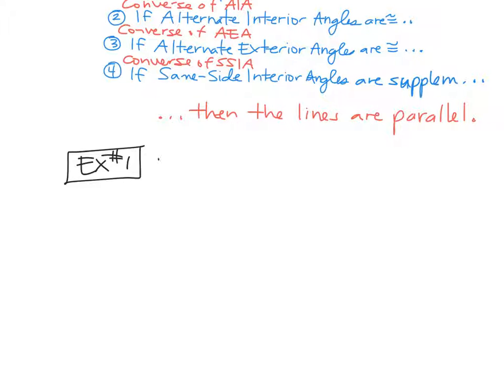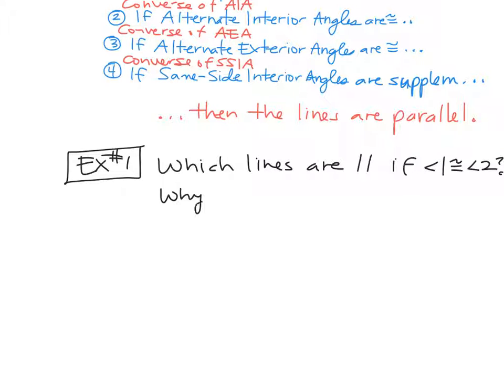All right, this one says, which lines are parallel if angle 1 is congruent to angle 2, and tell me why. Okay, and here's our picture.